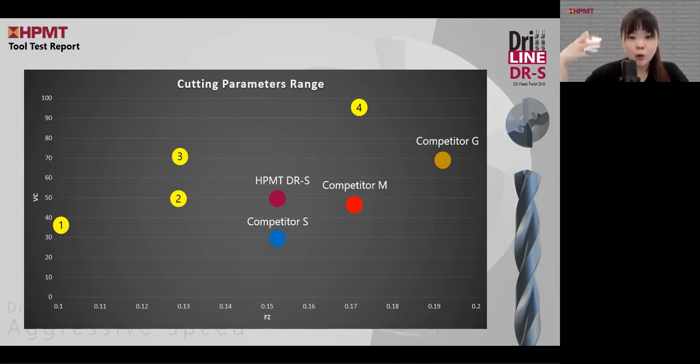Knowing that competitor G is pretty famous and always suggests aggressive cutting parameters, we set up our cutting parameters so that some of them are on par with it, as you can see here.